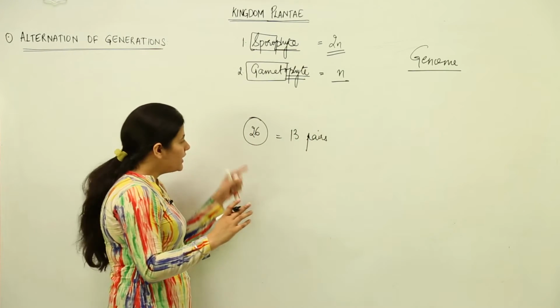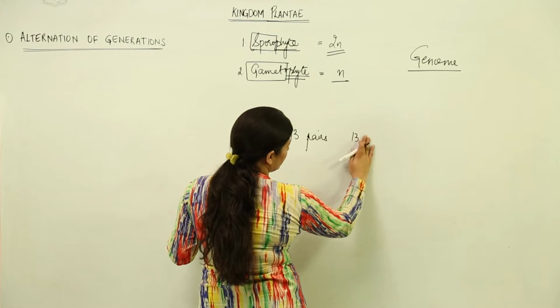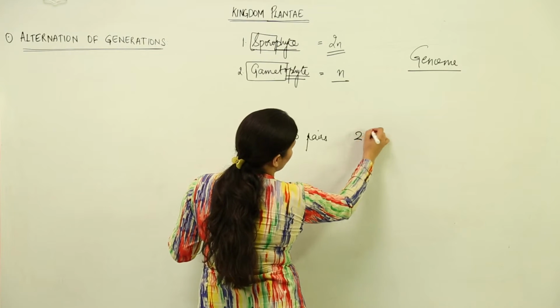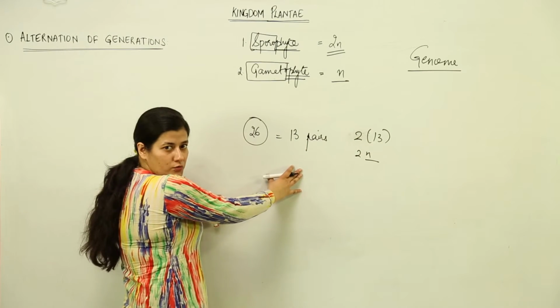One plant needs that. That means it is 2 multiplied by 13, that is 2n. This n represents the haploid chromosomal content.